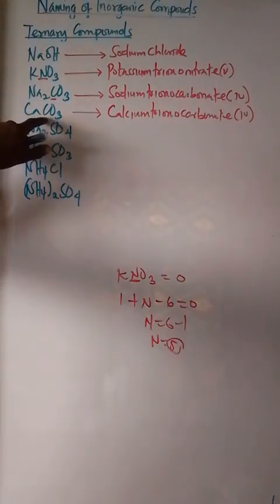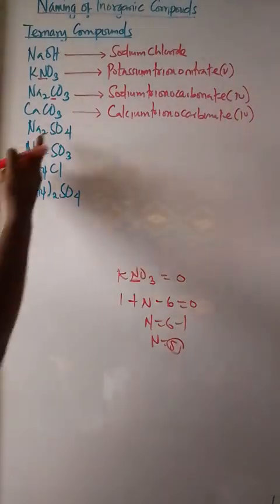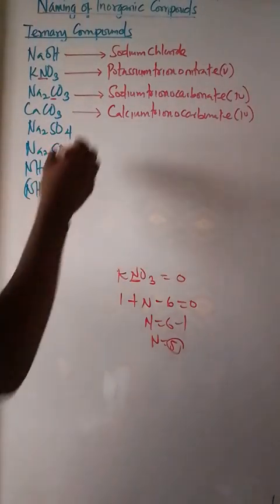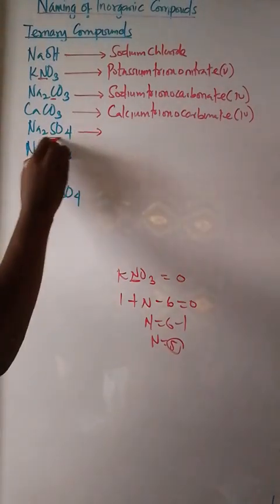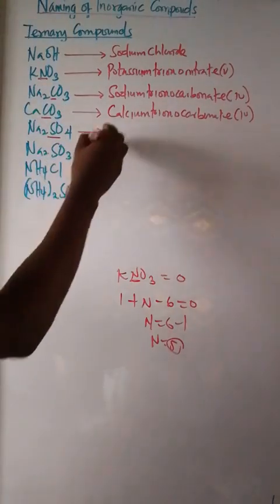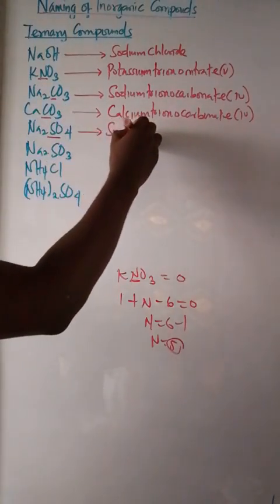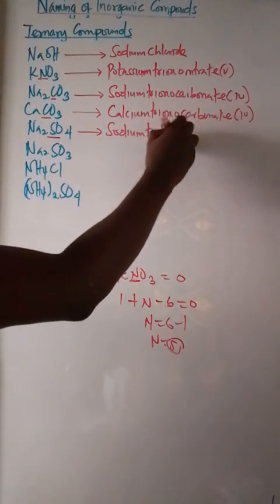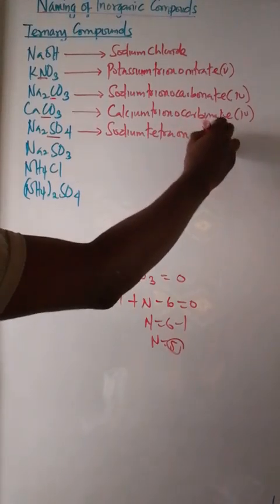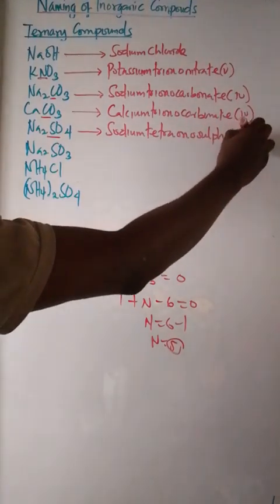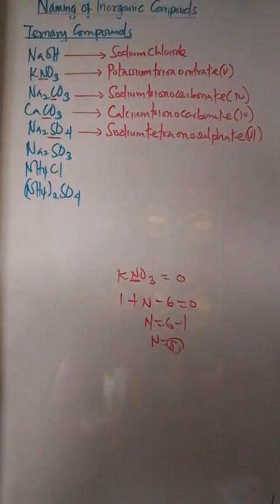If you solve for carbon, you get 4. For this one, if you solve it out for sulfur, you get 6. So that will be sodium tetraoxosulfate 6.